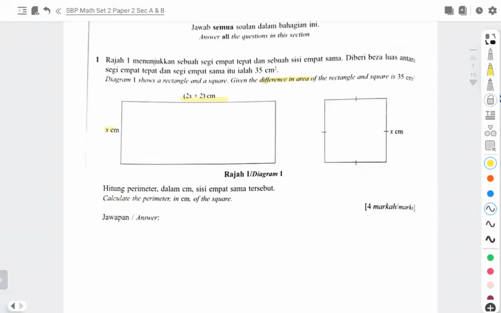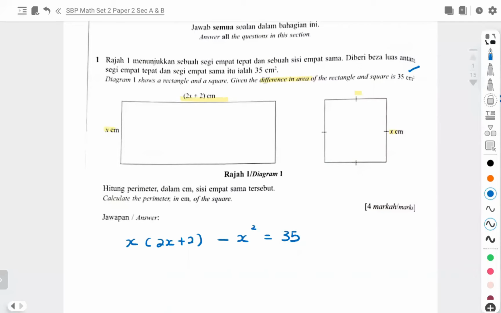Same goes for the square, x times x. Difference in area means we just need to minus. So x multiplied by 2x plus 2, minus the area of the square, x squared, equals 35. Since the difference in area is given as 35 cm squared, we can proceed.